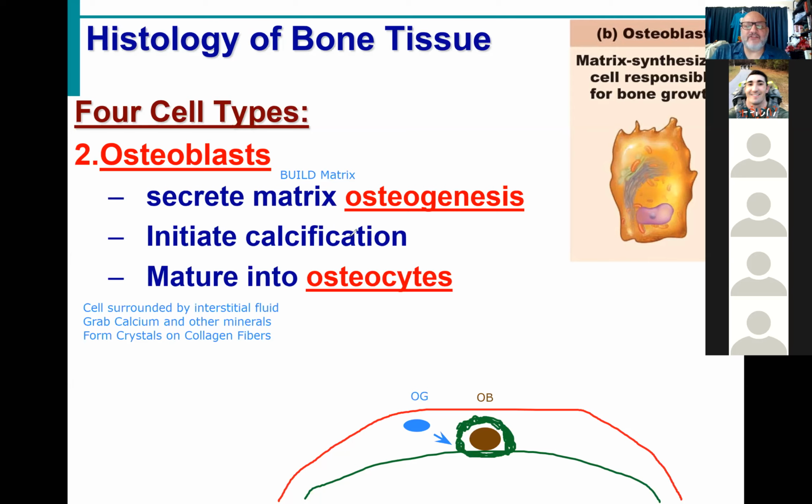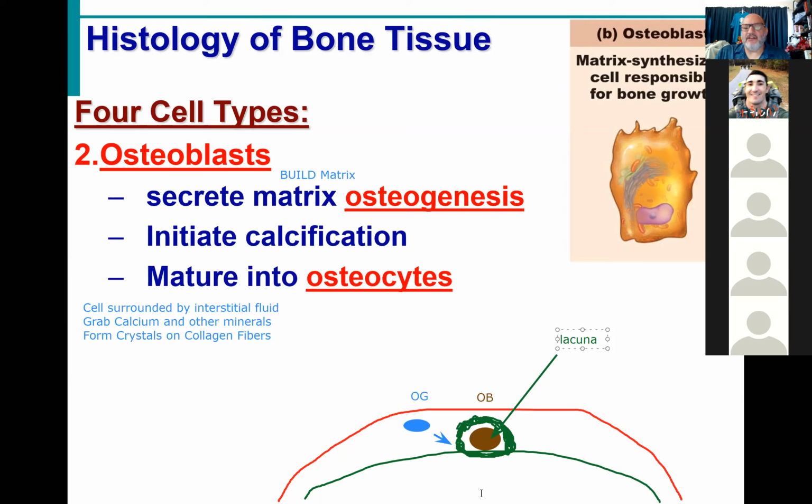And so our osteoblast is going to mature into an osteocyte. And what would we call this space that the osteocyte is sitting in? Lacuna, excellent. So once it surrounds itself with matrix, it now matures into an osteocyte, living inside of that lacuna, living inside of that cave that it made for itself.